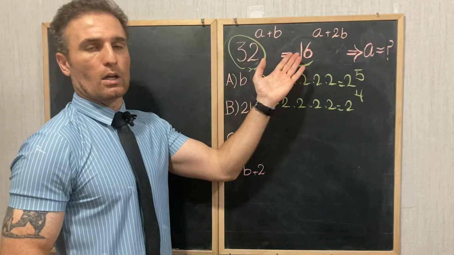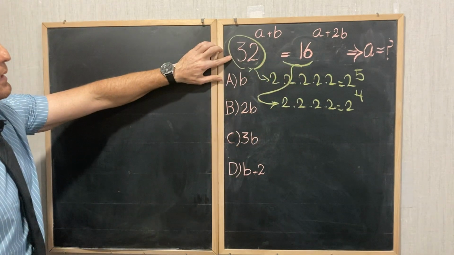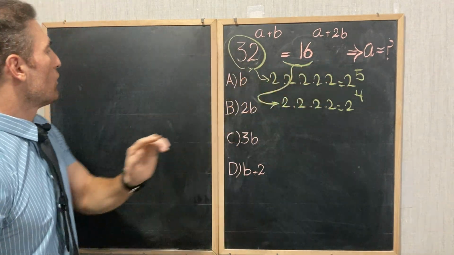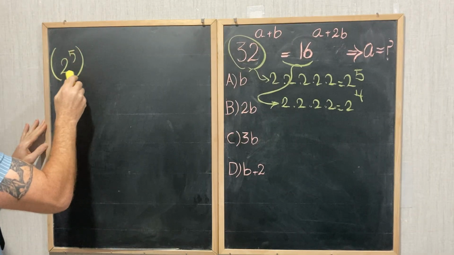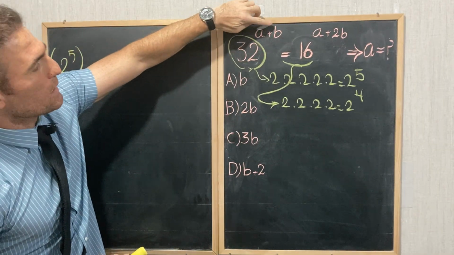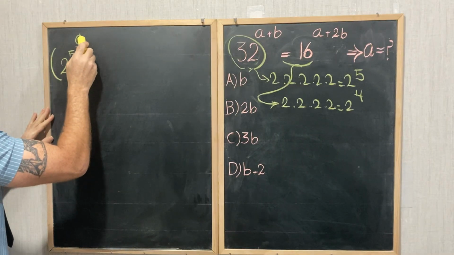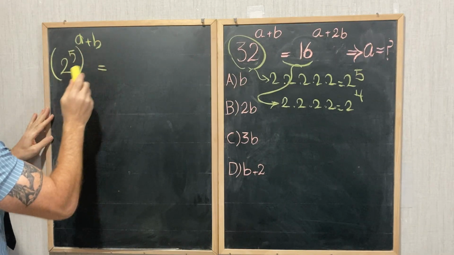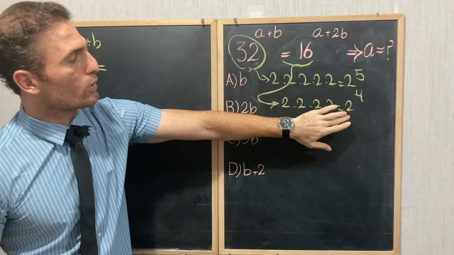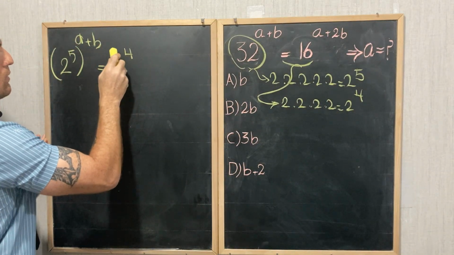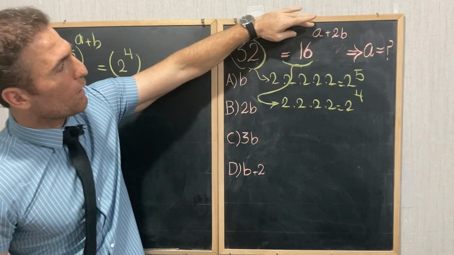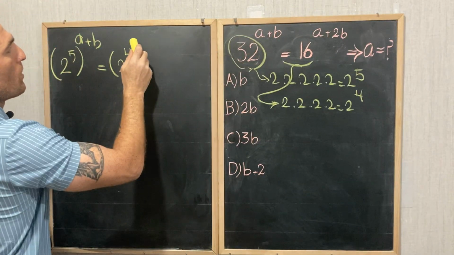So let's rewrite it. 32, or 2 to the power of 5, raised to the power of a plus b, equals 16, or 2 to the power of 4, raised to the power of a plus 2b.